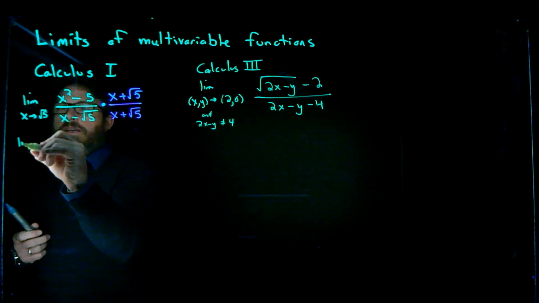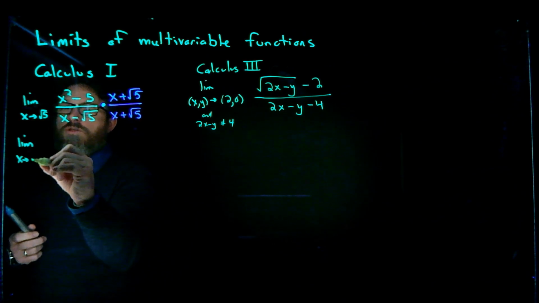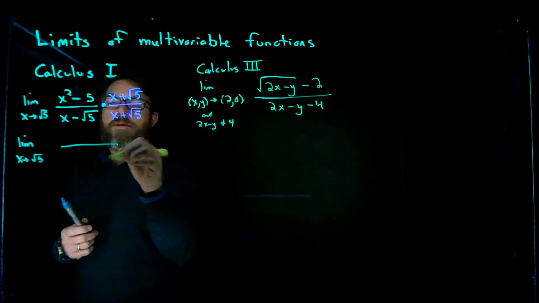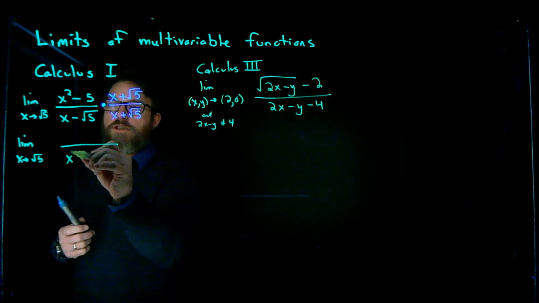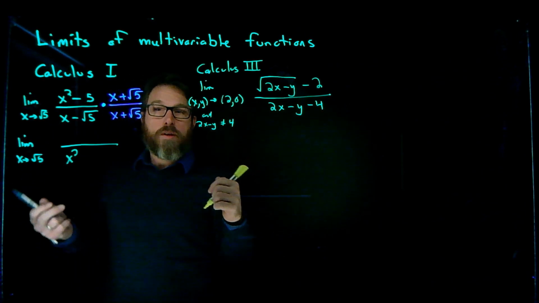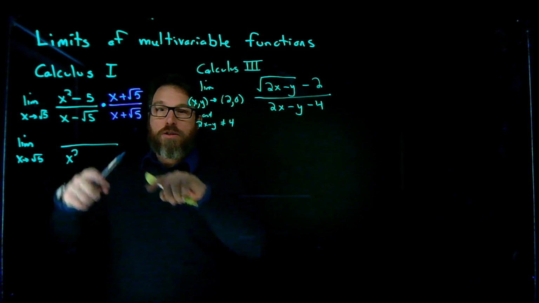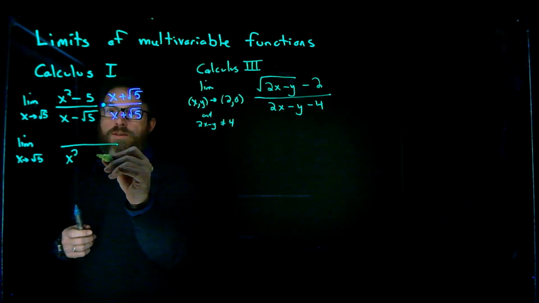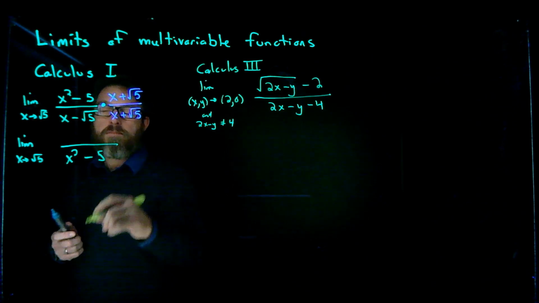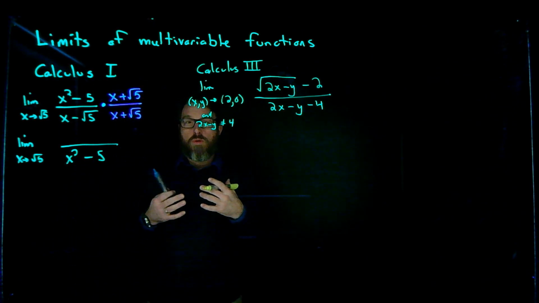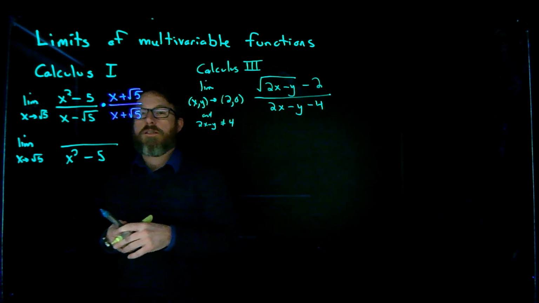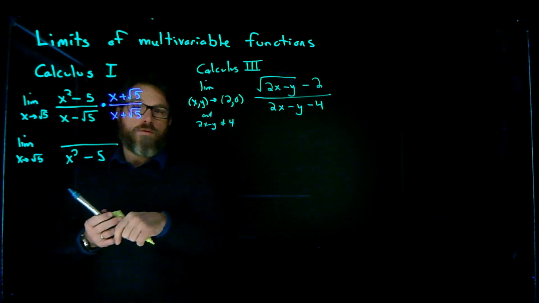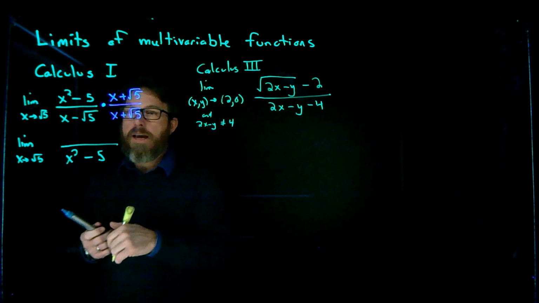So this is going to be equal to the limit as x approaches root 5. Now the denominator, when I FOIL x times x, is x squared. Outside and inside will cancel. I have a root 5x and then a minus root 5x, so that'll be 0. And then minus root 5 times positive root 5 is going to be equal to a minus 5. Now we're not going to FOIL the top because it's this x squared minus 5 that I'm trying to cancel. I can see that's what I got in the denominator.